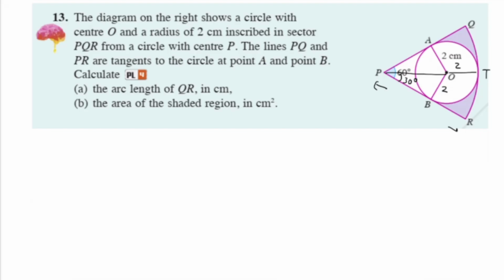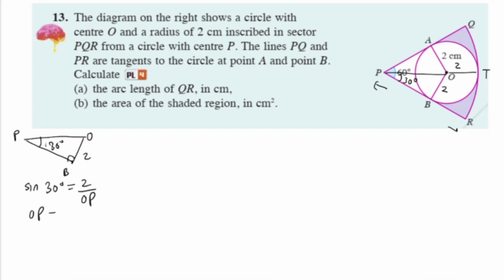Now if you redraw the triangle like this, you can see that this is POB, this is 2, this is 60. We can use sine, right? Sine 30, not 60, 30. Half of it already. This one is 30. So sine 30 is 2 over OP.